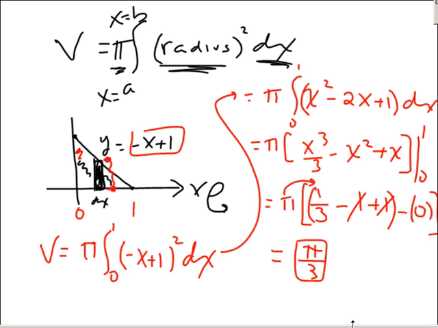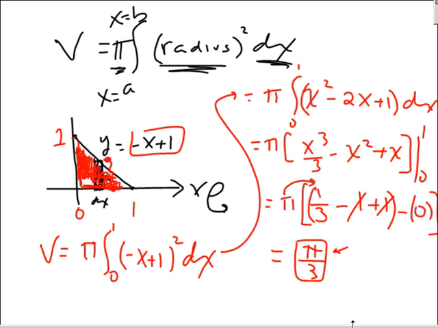If you revolve all of this area around the x-axis, the volume will be pi over 3. Now when x is 0, this height is 1. If you think about it, if you revolve this around the x-axis, what you're going to get is a cone.